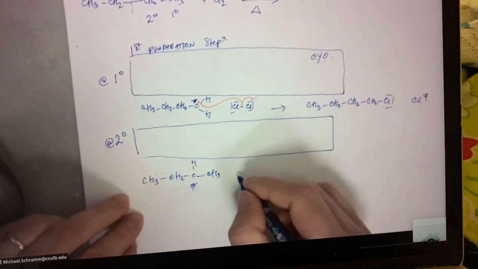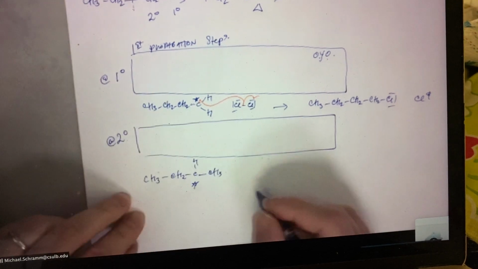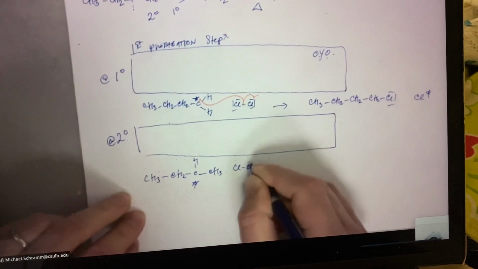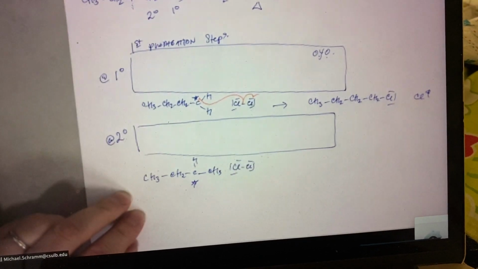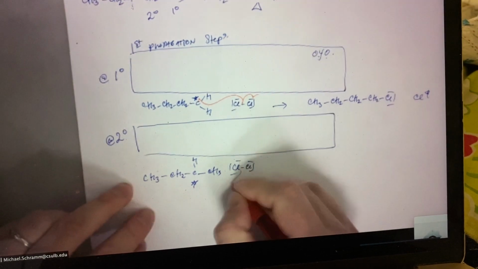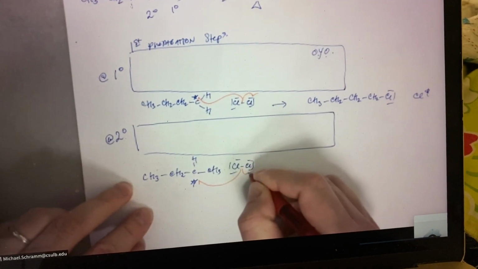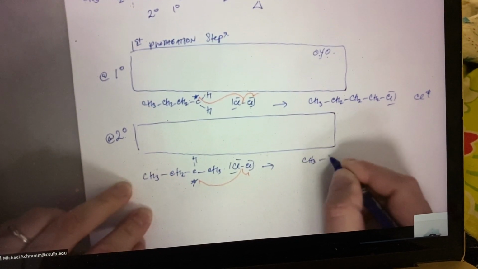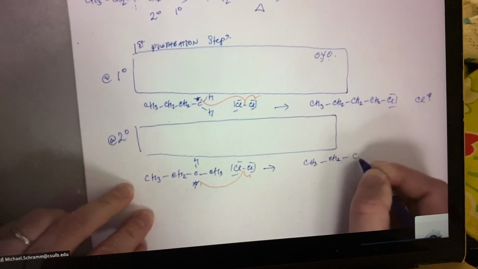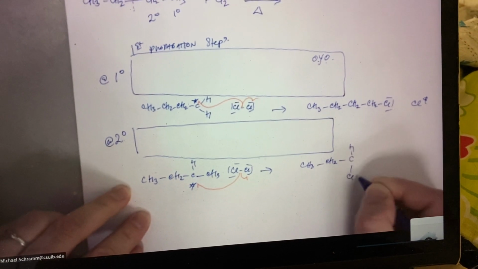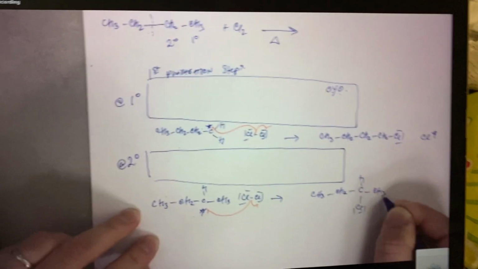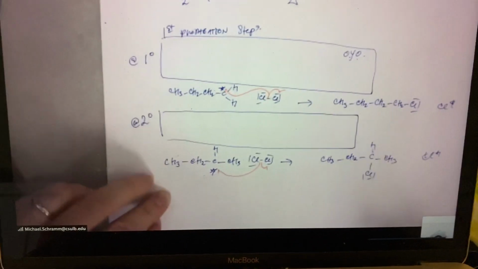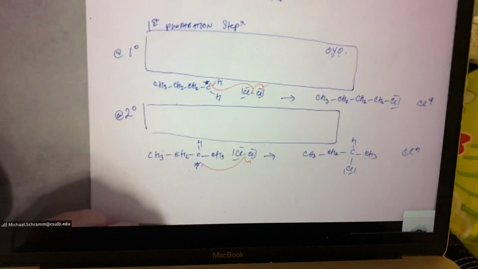Secondary position, chlorine will be here, and we know that this radical wants one electron. It gets it from this particular bond, and we get to a complete explanation of how the second product is formed in this reaction. We also reform chlorine radical. That's not so important for us.